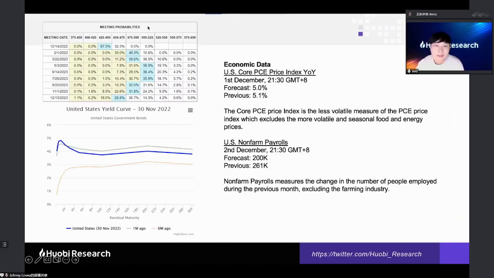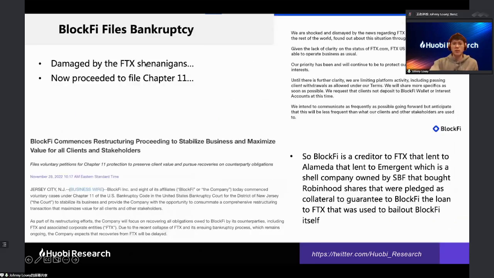If you look at the table on the left-hand side, top of the slide, there are the meeting probabilities. For December, the expectation is 67.5% for 425 to 450.